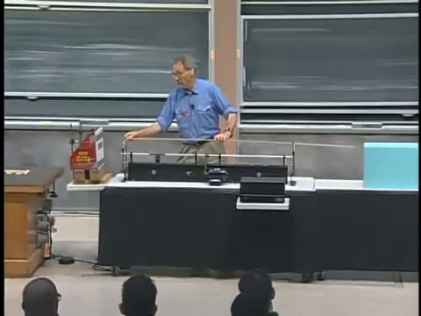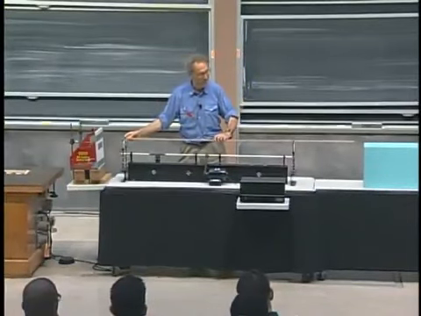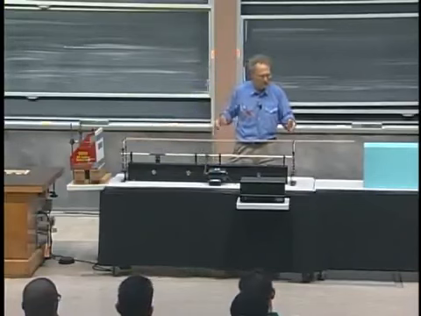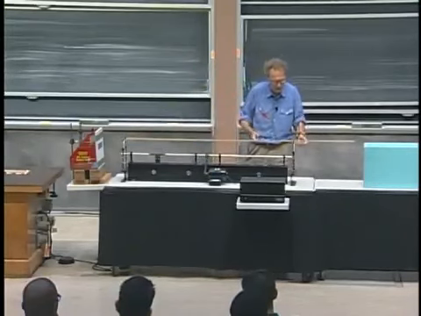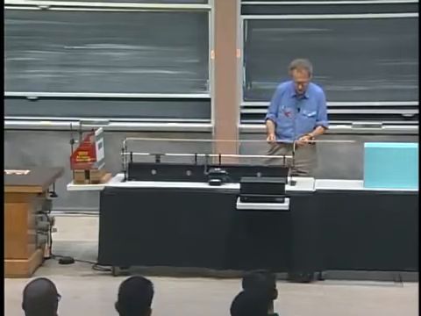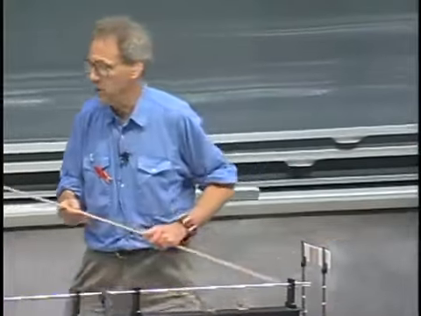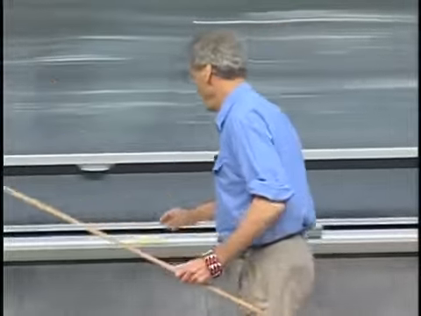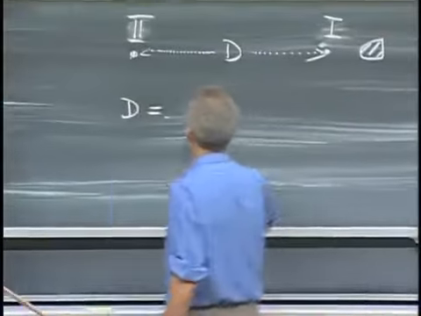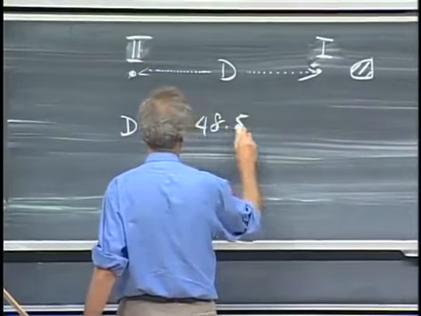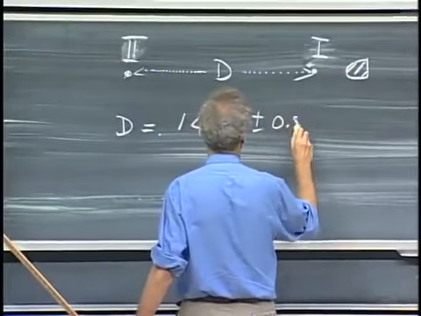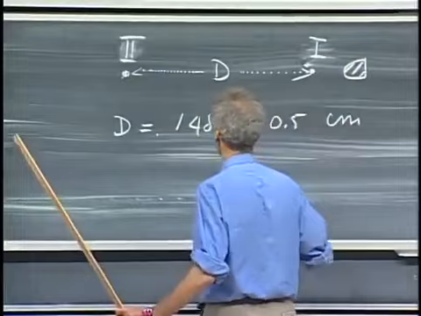I cannot do that any better, really, than maybe even half a centimeter, because the situation is not all that stable. I don't know what happens when the bullet will hit the wire. So I would say it is 148.5 centimeters, but I cannot guarantee it to better than half a centimeter. 148.5 plus or minus 0.5 centimeters.